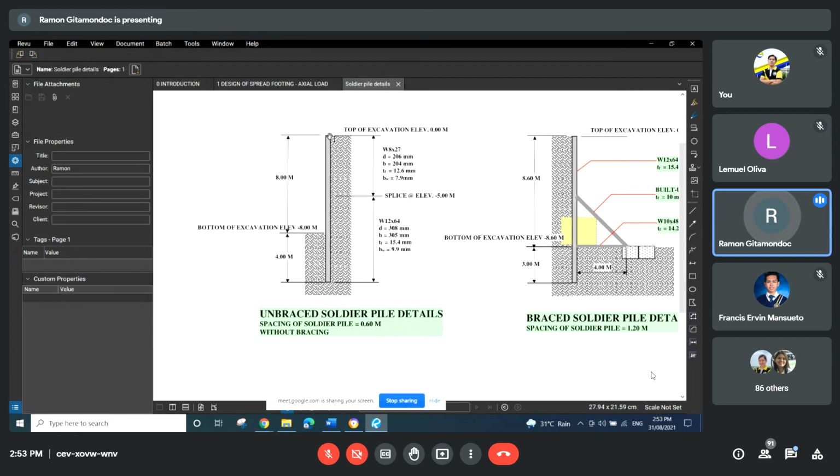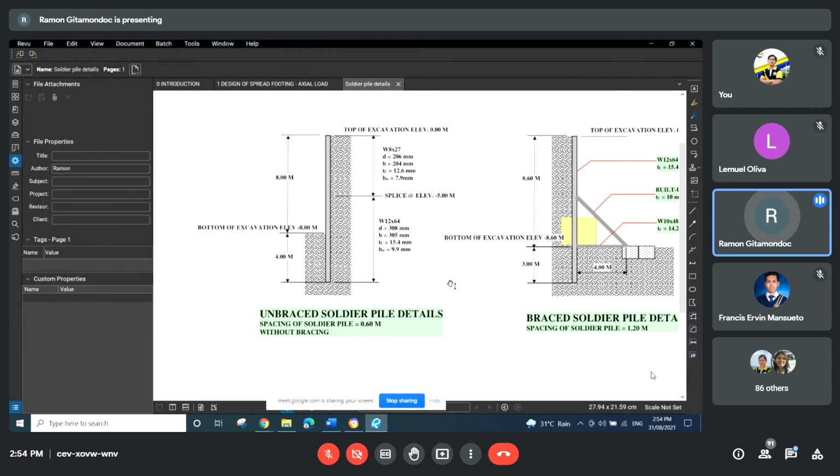we drive here sheet piles. Now, sheet piles can be braced or it can be unbraced. Unbraced sheet piles usually require a longer embedment, because it retains the soil mass by cantilever action. Usually the shear and bending moment resisted by the pile are also larger, so it will require a larger section for the sheet pile.